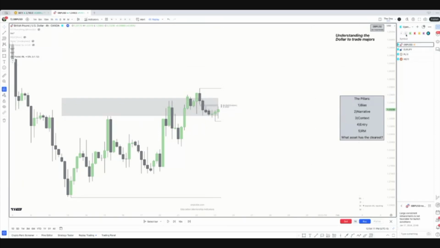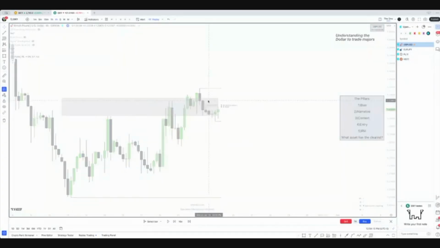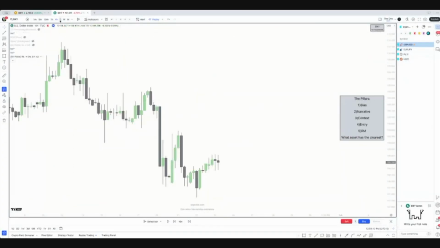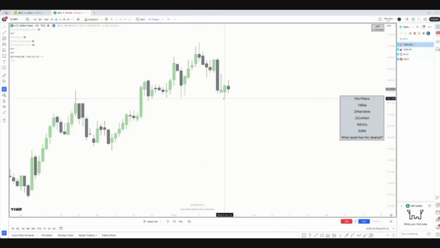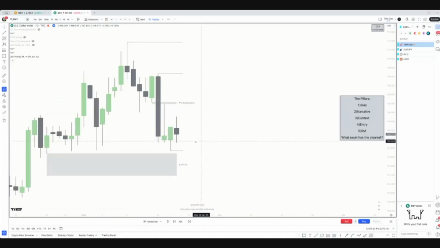Dollar at that time, it wasn't ready. Dollar was not ready. At that moment in time, dollar still had not traded into the weekly fair value gap that we are going to see down below price. Right?